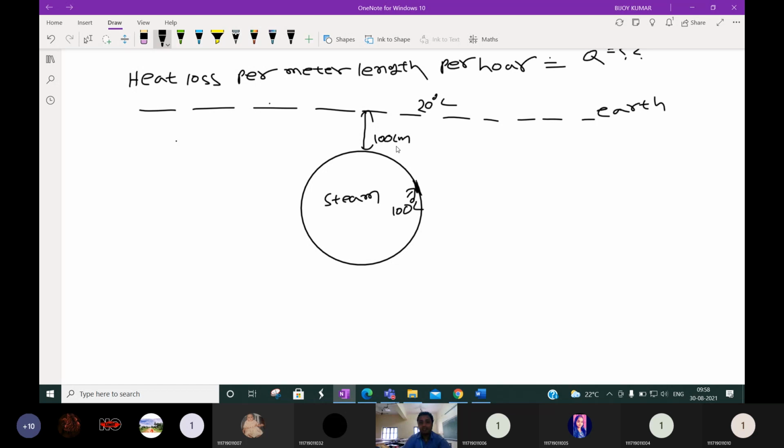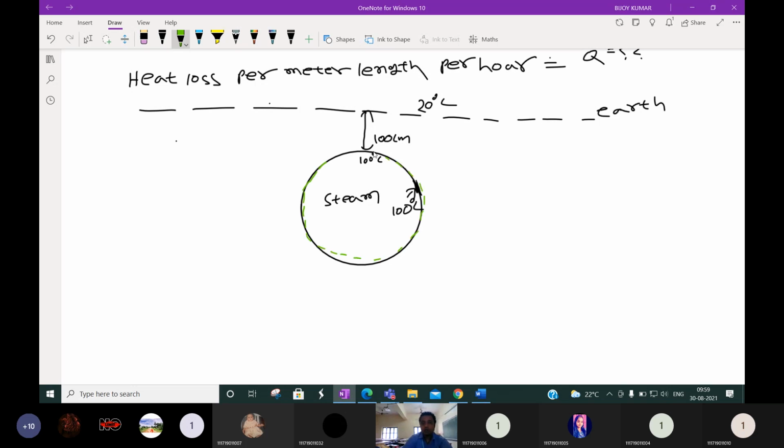Then what is asked? It is at high temperature and that is at low temperature, so heat will transfer from high temperature to low temperature. But what is the heat transfer area here? This all is the heat transfer area.